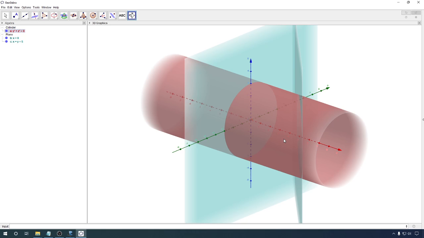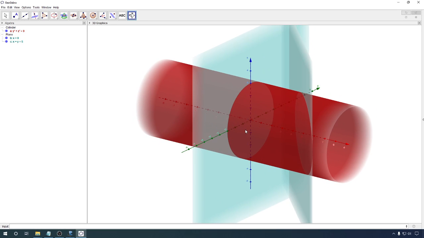And when they're telling us that the surface is the surface over this entire volume, not just the surface of the cylinder itself, we're going to have to deal with the top, the bottom, and the side being the actual cylinder. And those are going to be 3 different surfaces that we're going to have to integrate over, and then we're going to add the results together at the end.